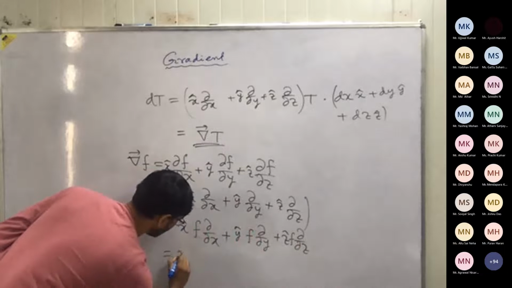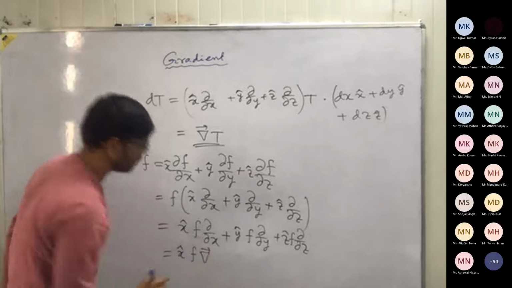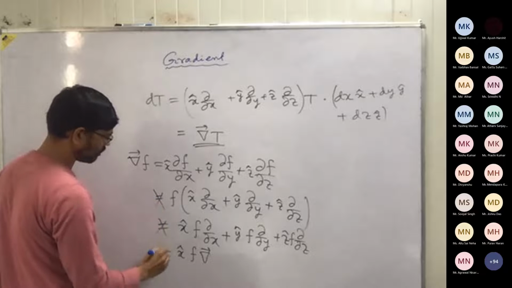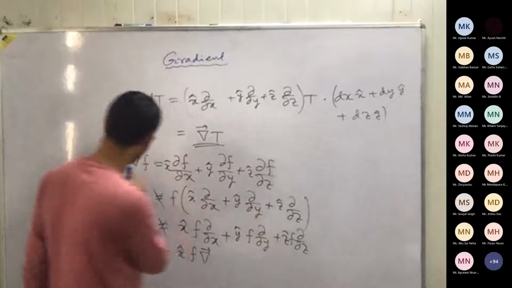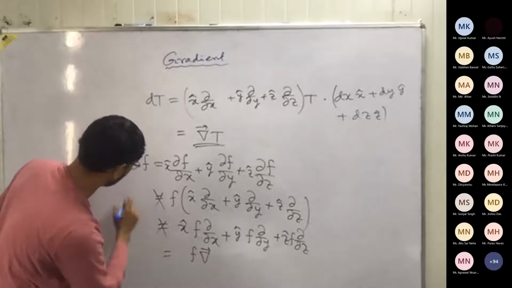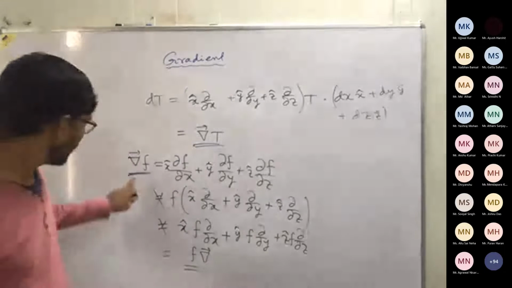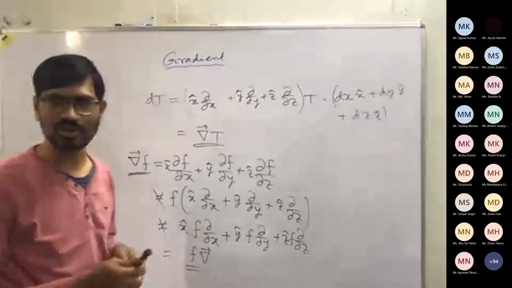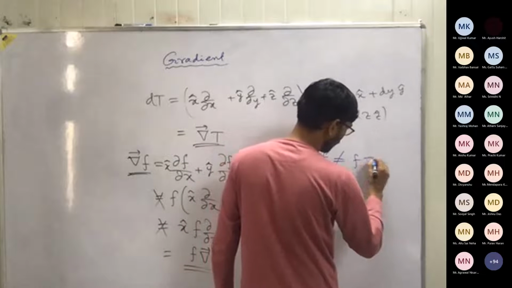So this one you can write f del. This quantity is not equal to that one, because this is grad f, but this one is f grad. So grad f is not equal to f grad.